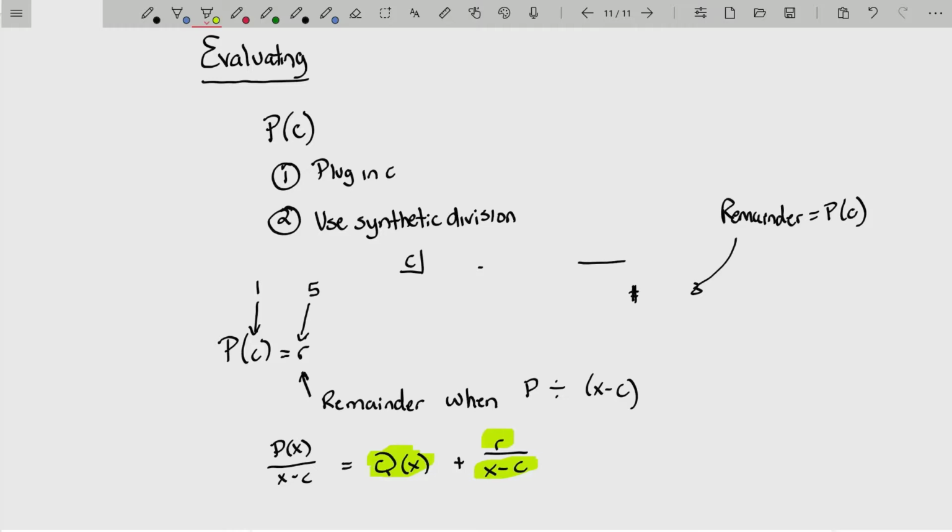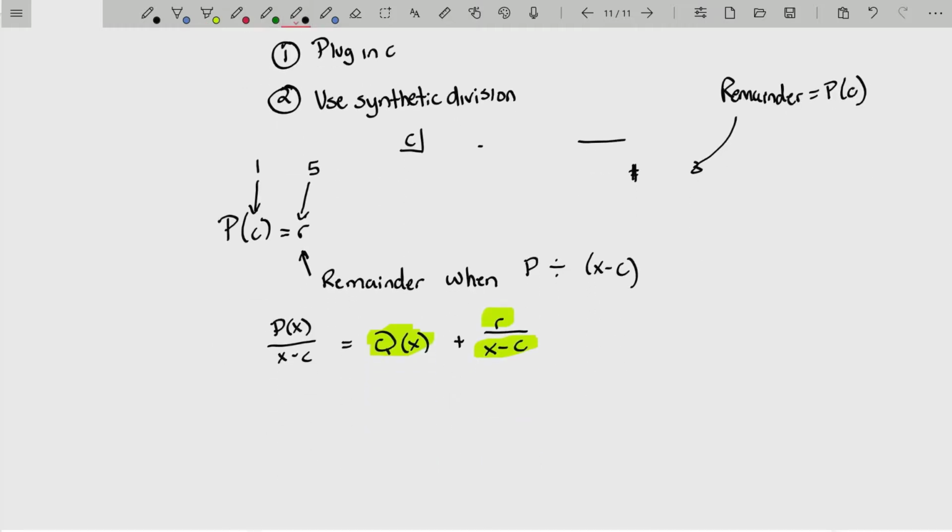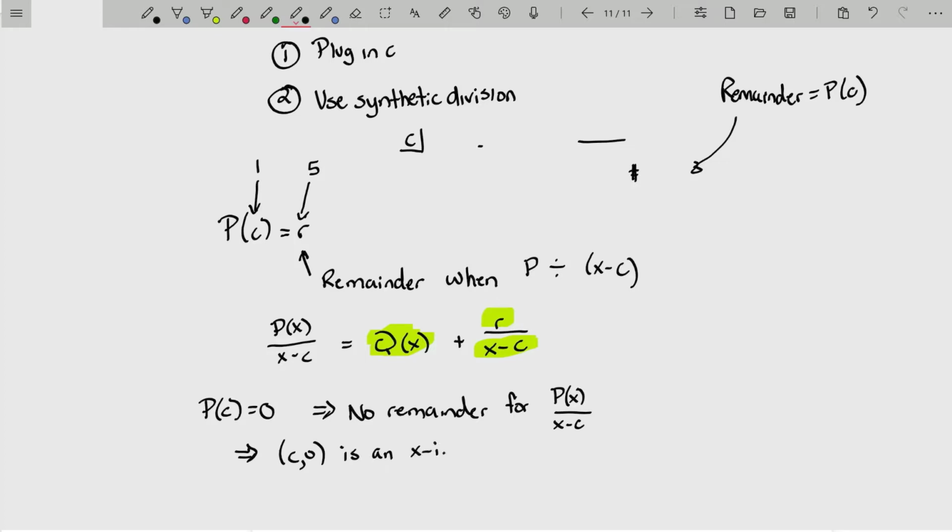Another thing to recall is that if the polynomial evaluated at some value C is equal to 0, well, then you know that there's no remainder when you're dividing by X minus C. So no remainder for P of X divided by X minus C. So that's kind of nice. Additionally, if you're going to graph the polynomial, we know that it will strike the x-axis at C. That is, it also implies C comma 0 is an x-intercept.